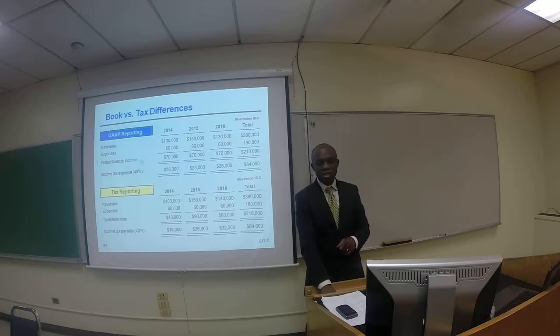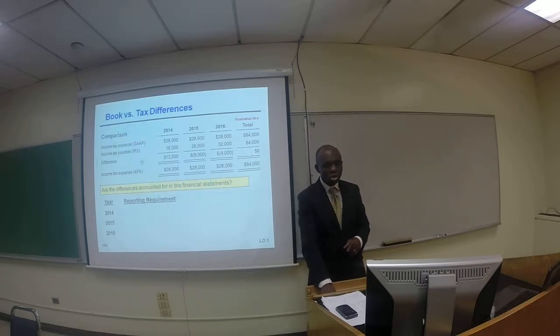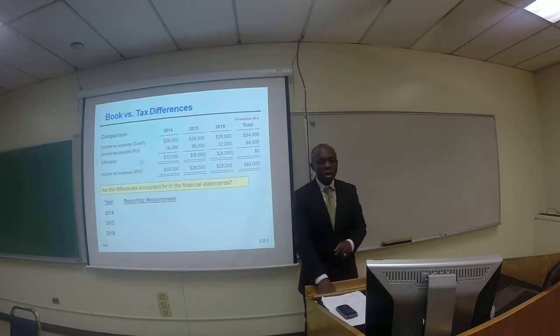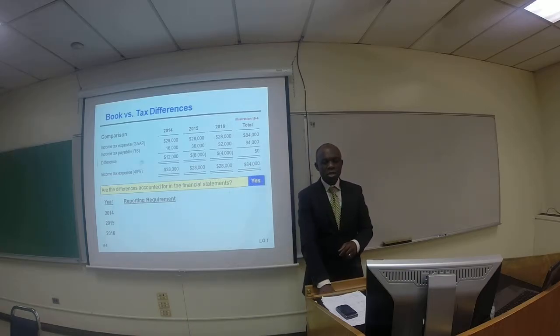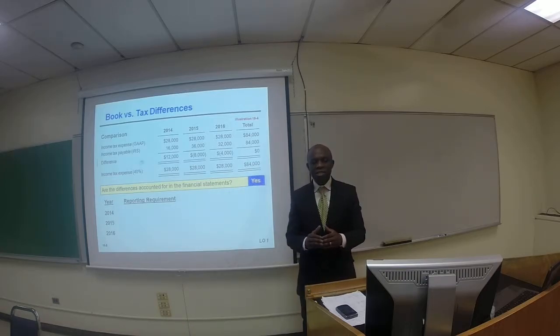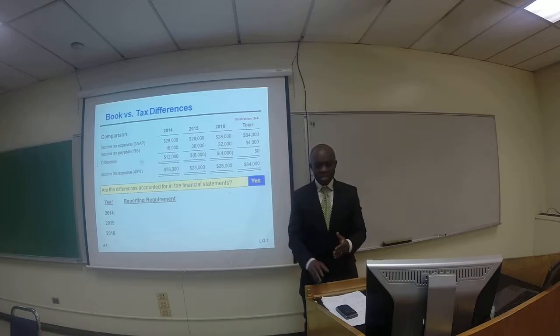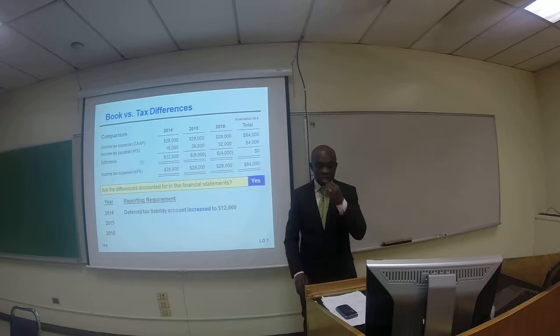So there are differences in subsequent years as well. So let's take a look at the impact of this. So the question is, are the differences accounted for in the financial statement? Yes, they are accounted for. So in 2014, the difference of 12,000 is considered as a deferred tax liability account.